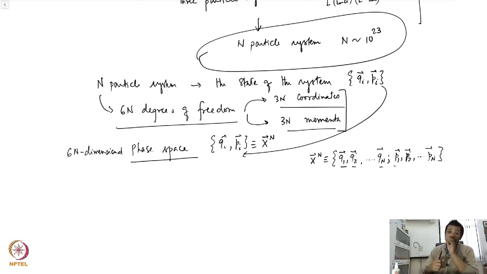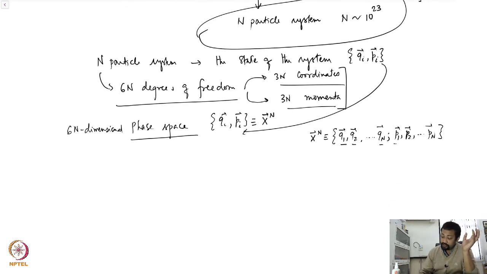We say that we are going to sacrifice this, and we are going to talk about a probabilistic description of the time evolution of the system. In the phase space, we can only know with certain probability the state of the system. We cannot know for sure, with certainty, the state of the system.